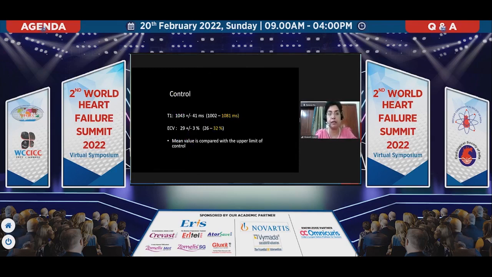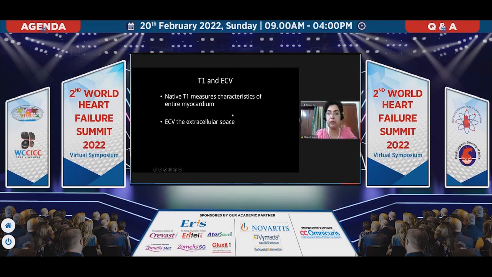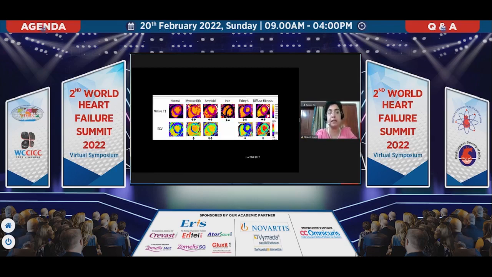So we need to do a study and establish our own controls, and the upper limit of the control is chosen. So we compare the mean value of our patient with the upper limit of the control. So T1 measures characteristics of the entire myocardium, whereas the ECV looks only at the extracellular space, and different conditions have different T1 and ECV values.